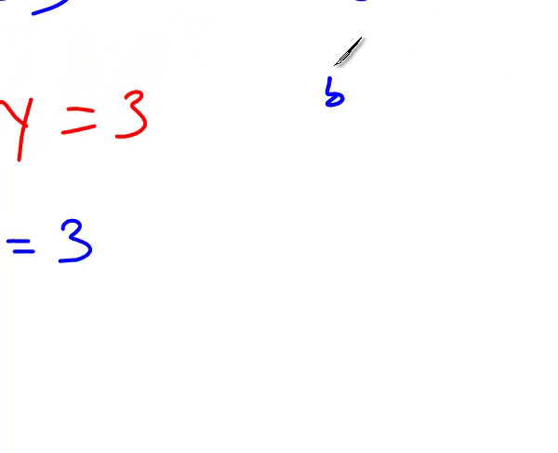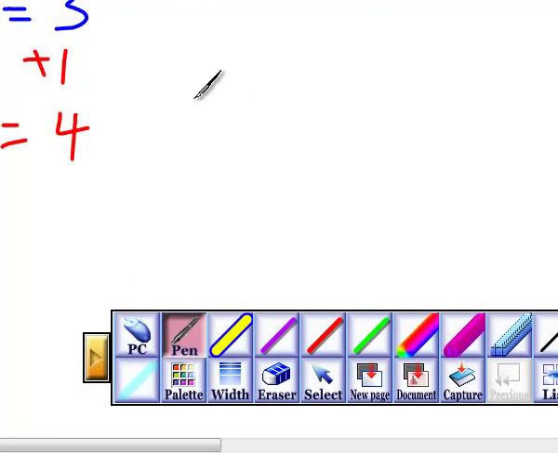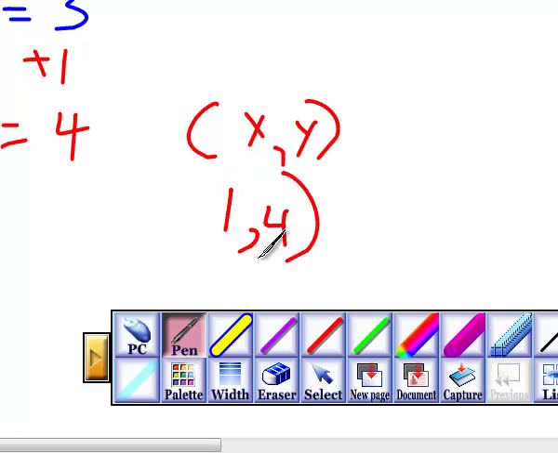And now the last step, we're going to solve for y. So we apply plus 1, and we get y equals 4. So our solution here would be x is 1, y is 4.